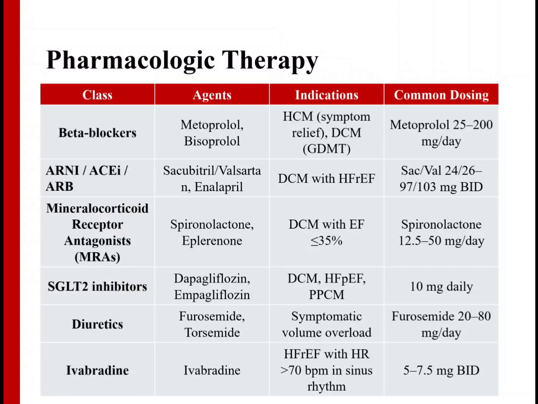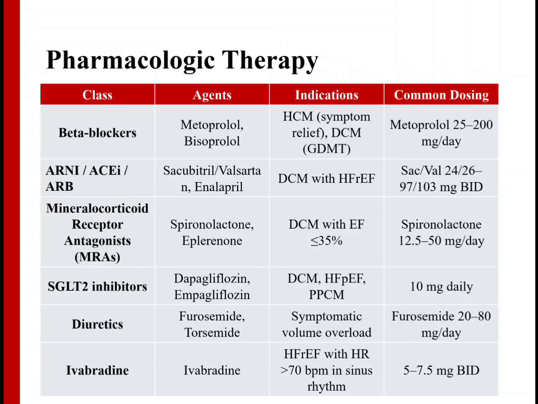rate and the tolerance. Second of all, RAS inhibitors, especially the ARNIs like sacubitril and valsartan, and they are the mainstay of treatment in patients who have dilated cardiomyopathy with heart failure with reduced ejection fraction. We start usually at a dose of 24 over 26 milligrams BID, and we reach a target of 97 over 103 milligrams BID.